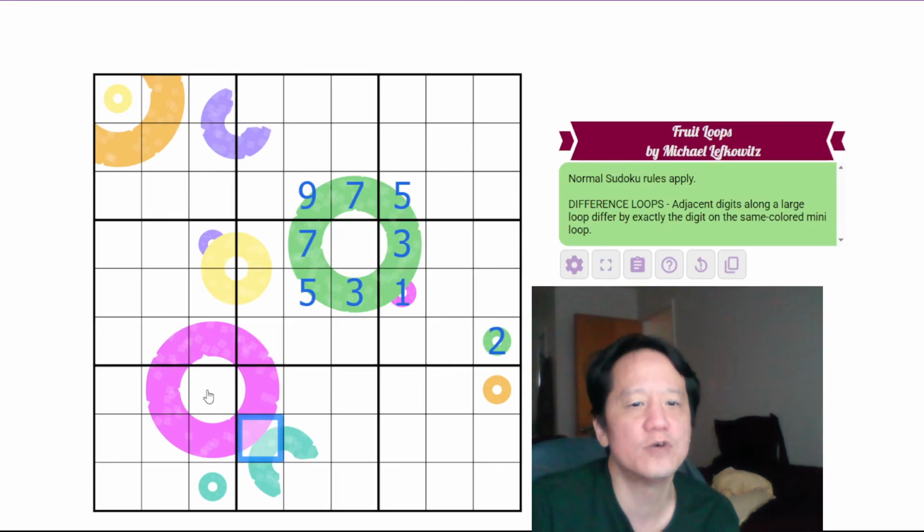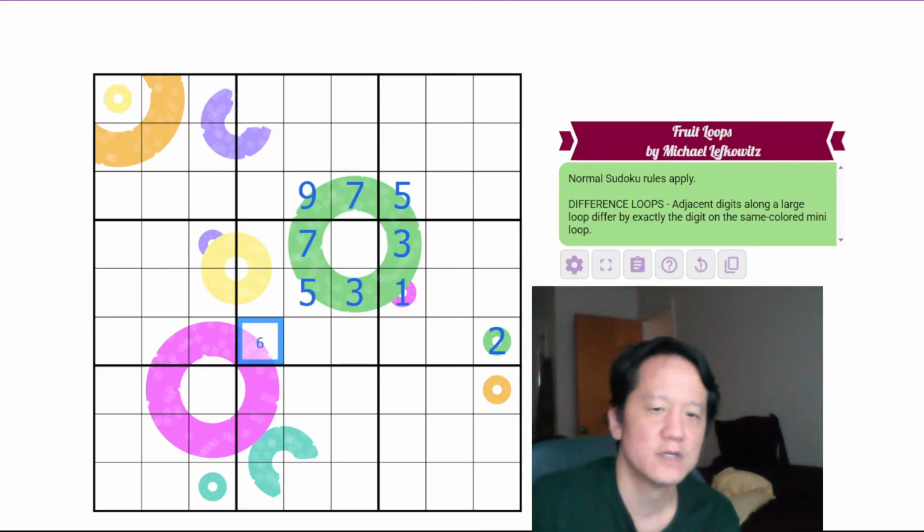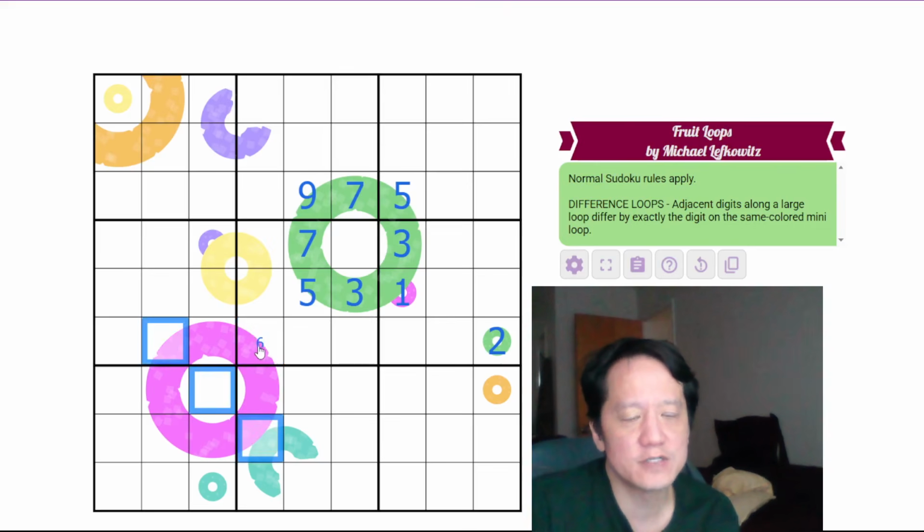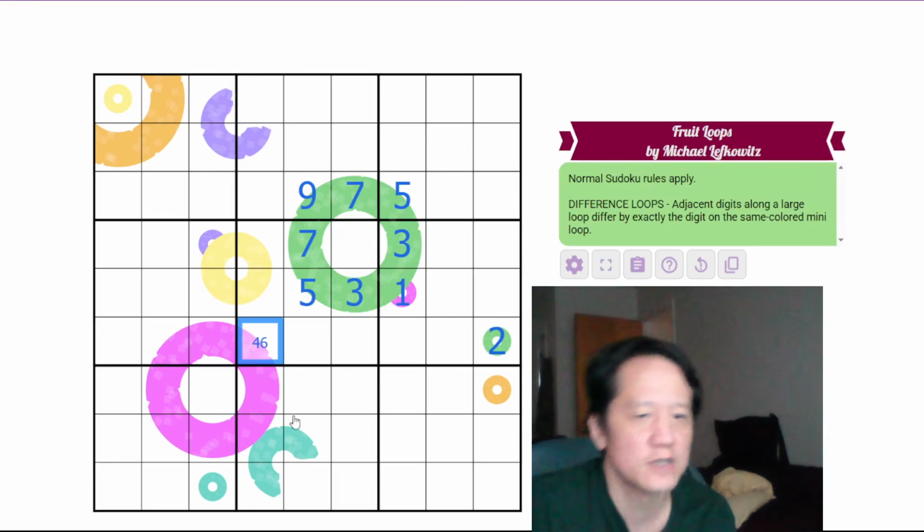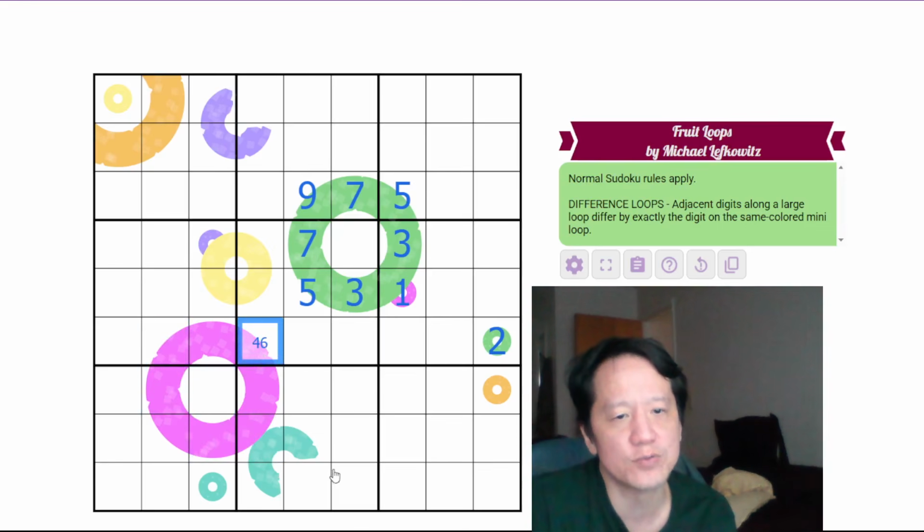So if this is 5, this is 7. Can't be that. If it's 4 and 8, this is 6, which could be the case. If this is 3 and 7, this is 5, which can't be the case. If it's 2 through 6, this would be 4, which could be the case. And if it's 1 through 5, this is 3.